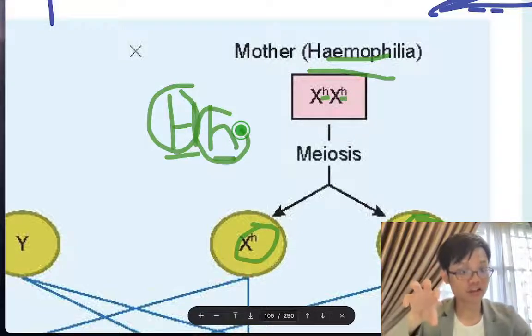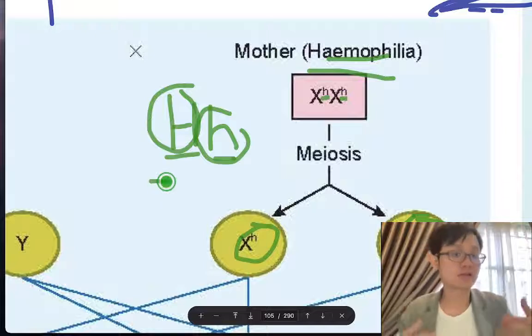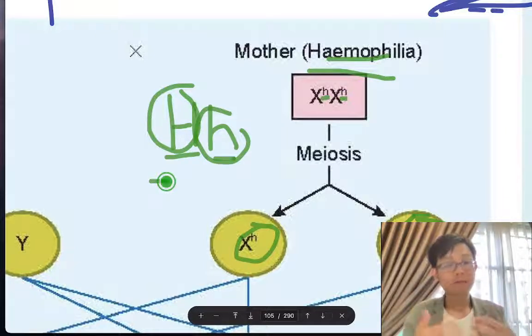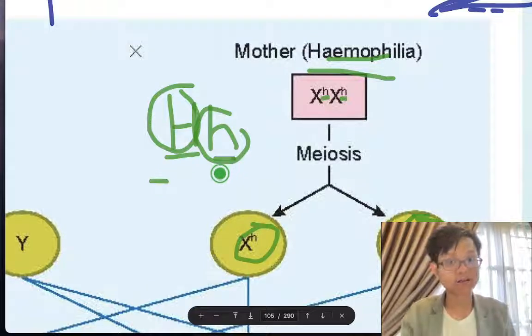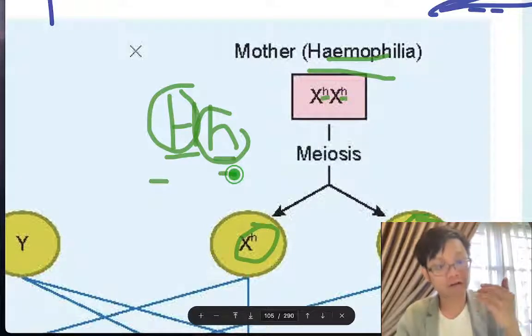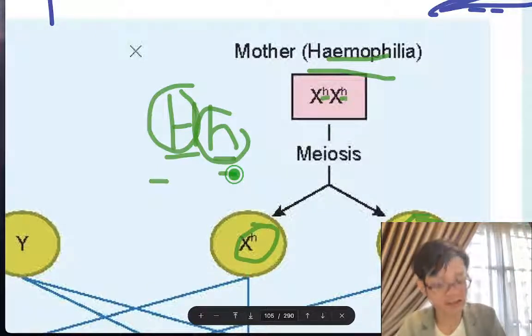So why does this one not have hemophilia? We answer like this: the dominant gene will mask the effect of the recessive gene. So the mother is just a carrier. The mother does not display the disease of hemophilia physically.